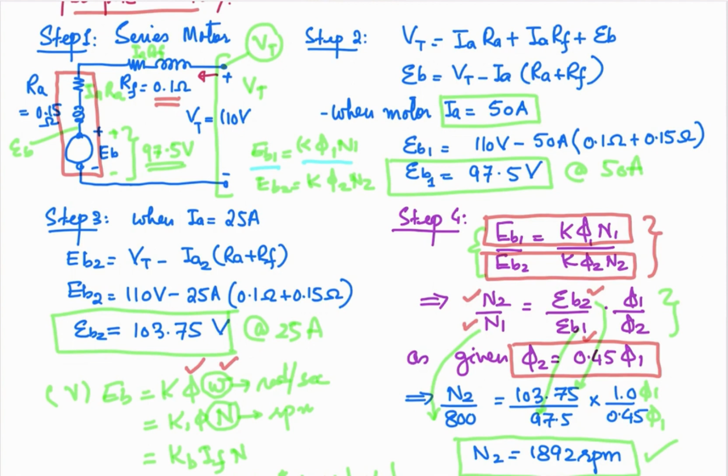If the flux is constant, then EB1 over EB2 is simply equal to N1 over N2. If there is no change of flux, this equation is valid, and if there is a change in flux, you can use the other equation to evaluate the new states: the back EMF, the speed, or the flux at the given conditions.